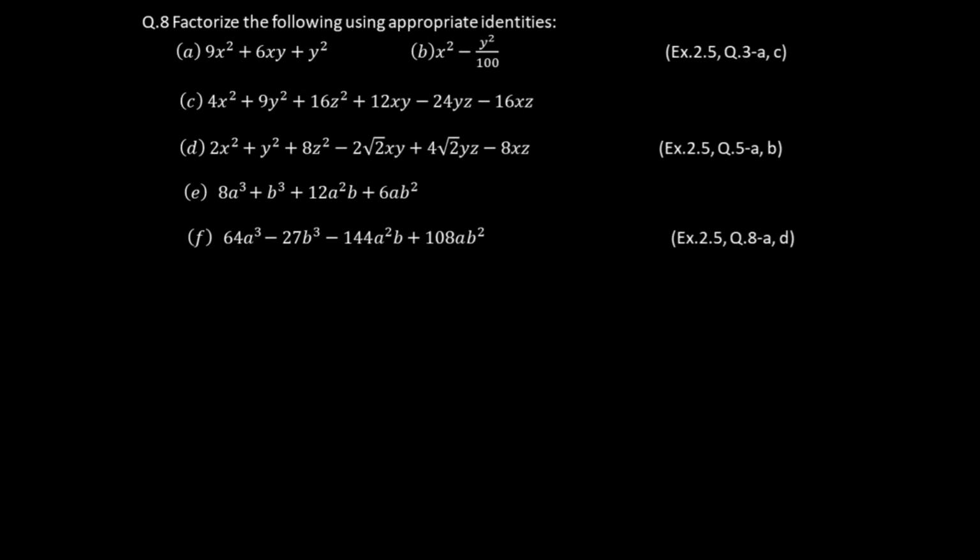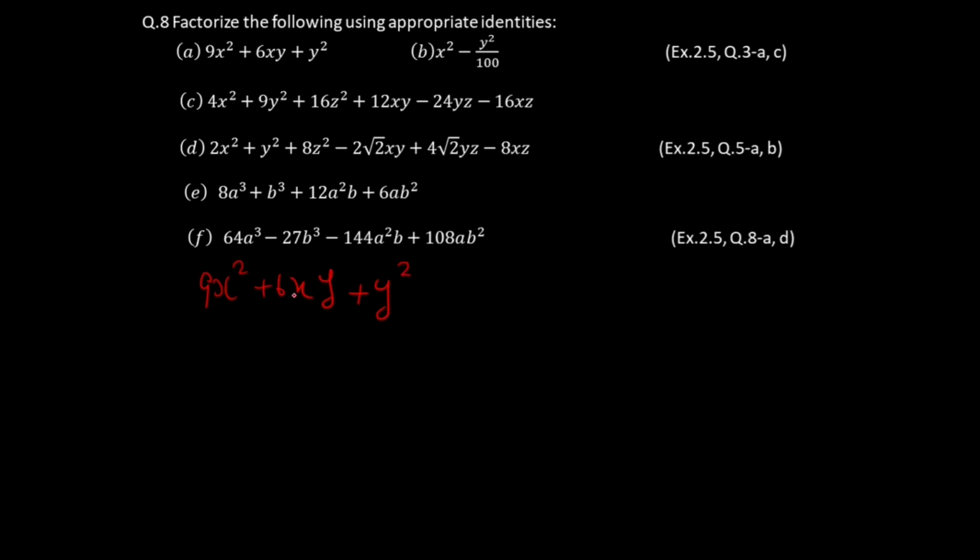Now the next question is again factorization. There are different kinds of questions which will be solved using different kinds of identities. The very first question I'm gonna take here is 9x square plus 6 times xy plus y square.